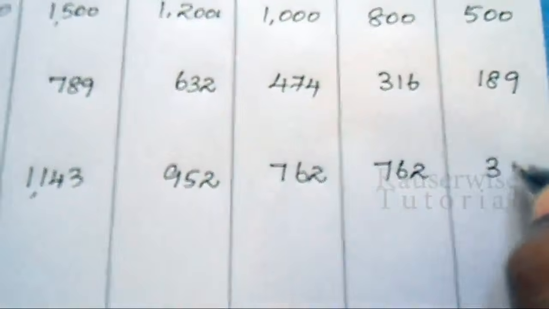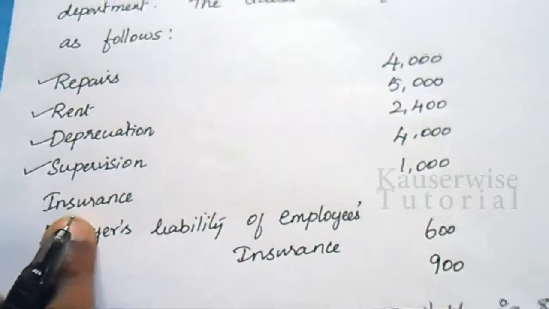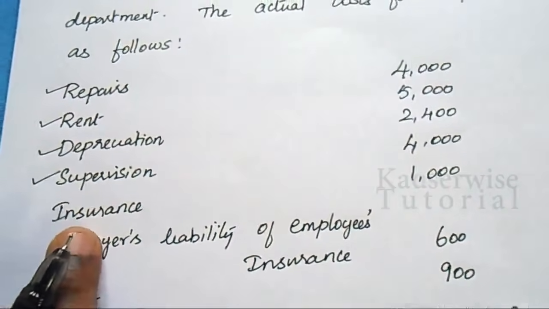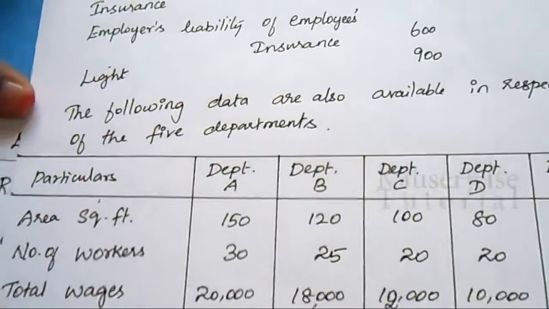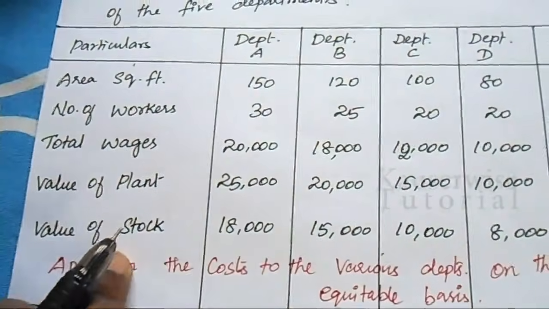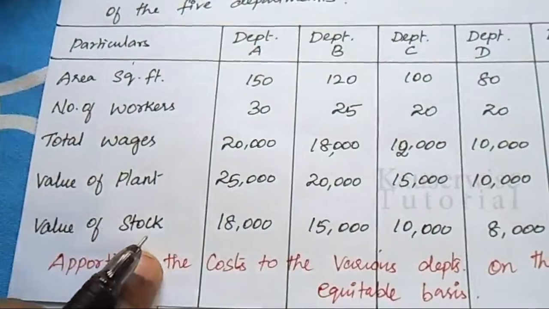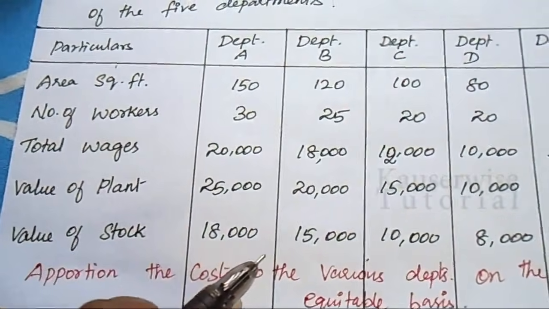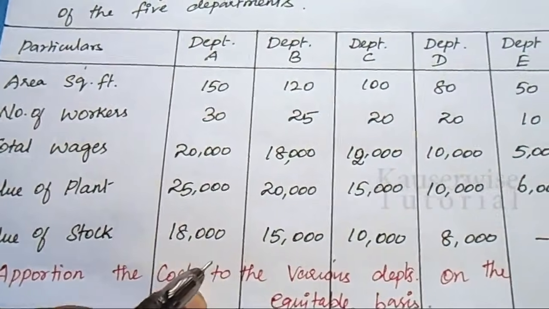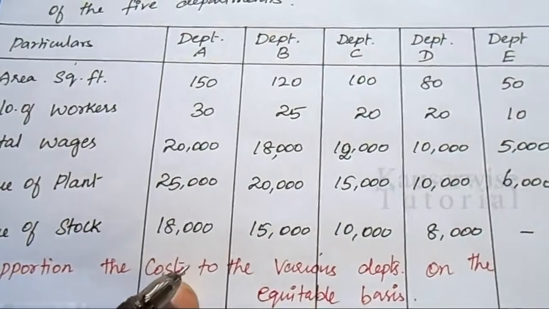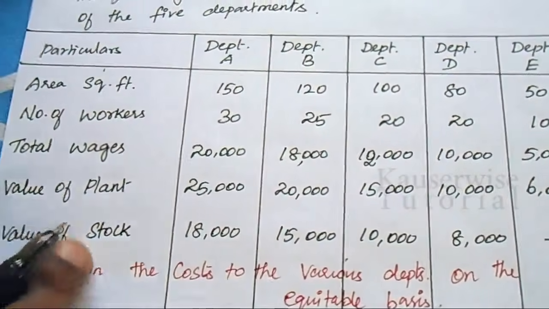762. 381. Insurance. The term insurance is applicable to the value of stock. They will take insurance to protect the value of stock. If any fire accident occurs in the premises, they can get the claim from the insurance company. So usually they take insurance against the stock.